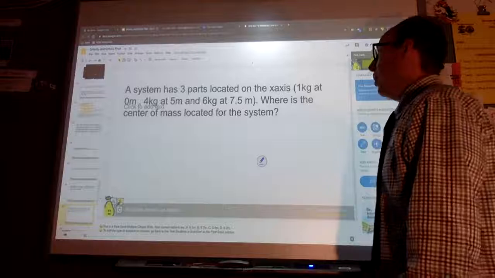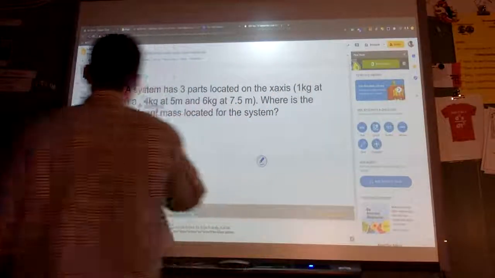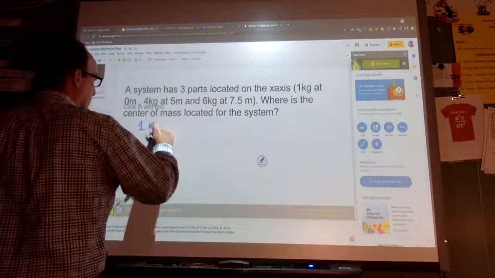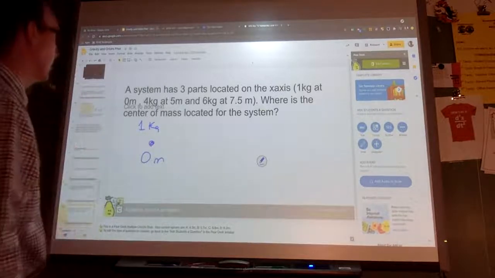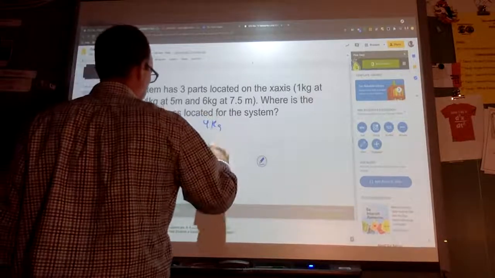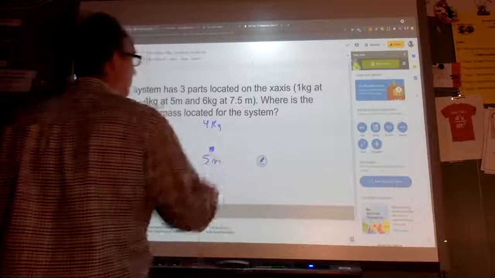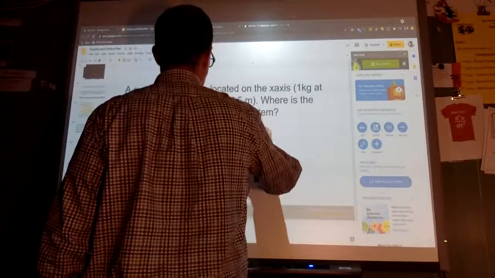A system has 3 parts located on the x-axis: 1 kilogram at 0 meters, 4 kilograms at 5 meters, and 6 kilograms at 7.5 meters.